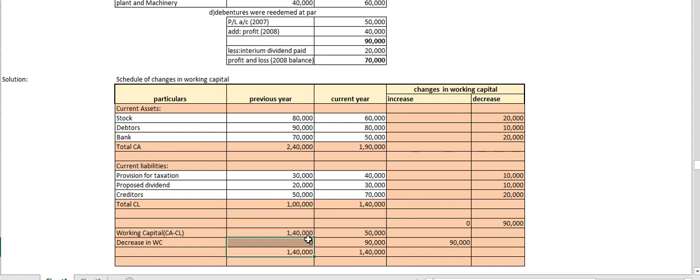1,40,000 is your total. 50,000 plus 90,000, 1,40,000 is the total for the current year. Therefore, the sum for the increase column is 90,000, and the sum for the decrease column is 90,000.